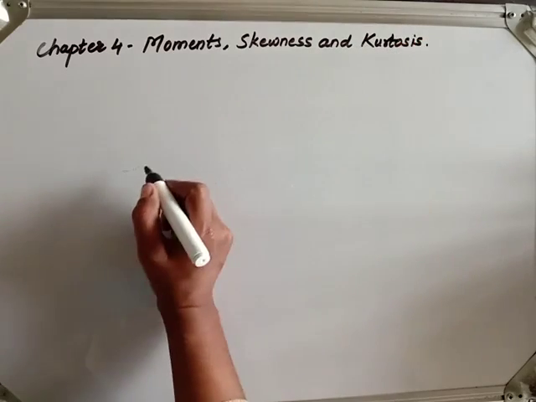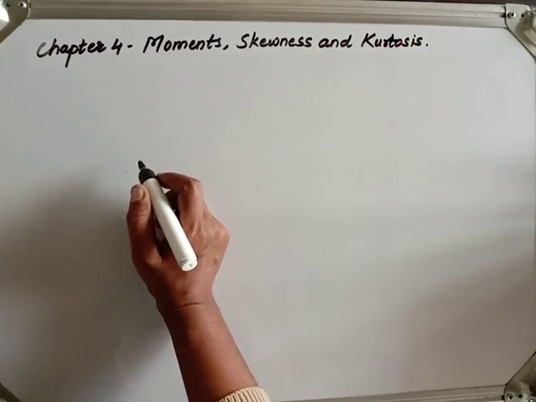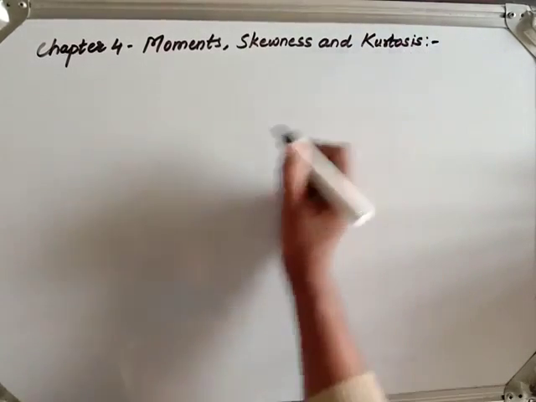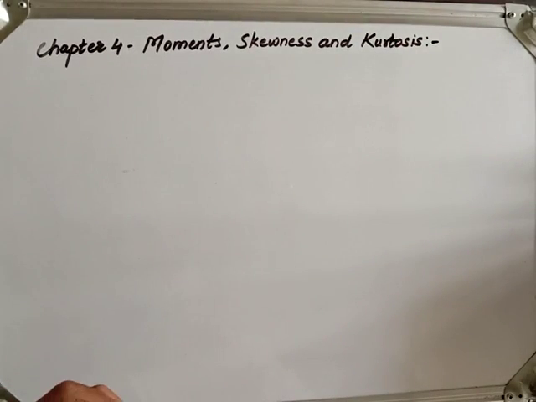Now already we have seen measures of central tendency and the dispersion of frequency distribution in previous chapters, that help us in their summarization and comparison with each other. The measures of central tendency tell us the representative value of the data, as mean, median, mode.